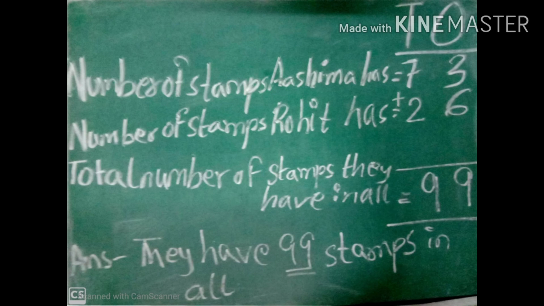So by adding 73 plus 26, we got the sum of 99. So what is the answer? They have 99 stamps in all.